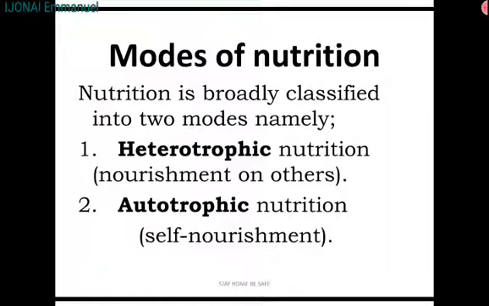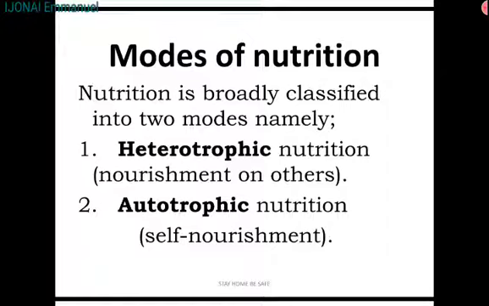That one is called heterotrophic nutrition, where one organism feeds on tissues from another organism or feeds on the whole organism.